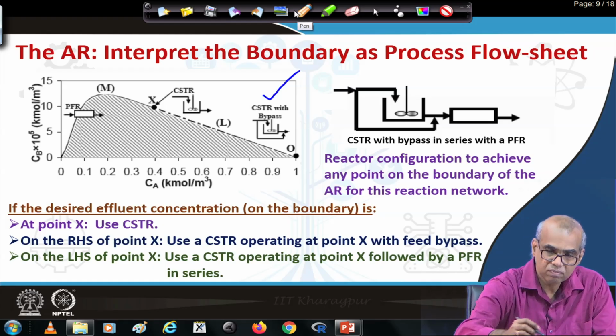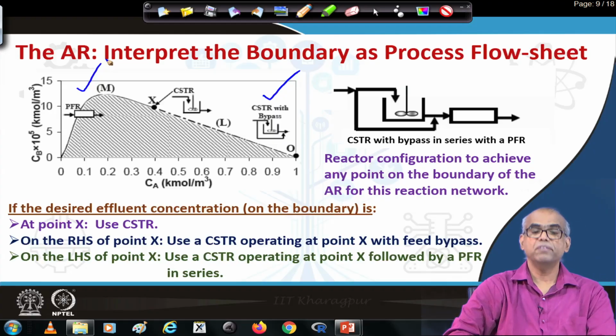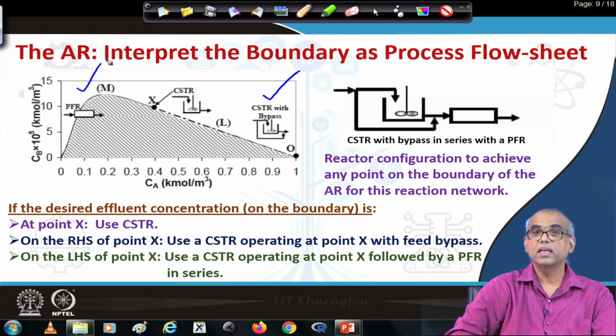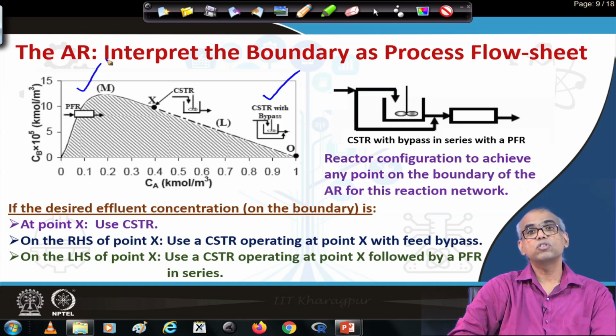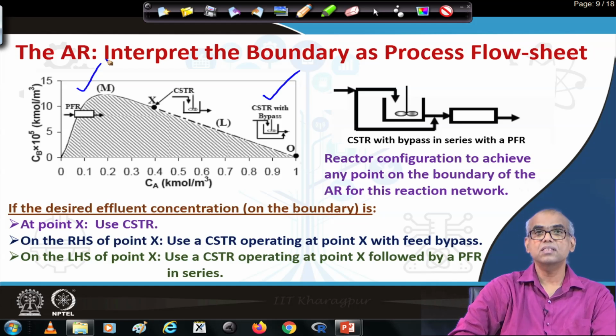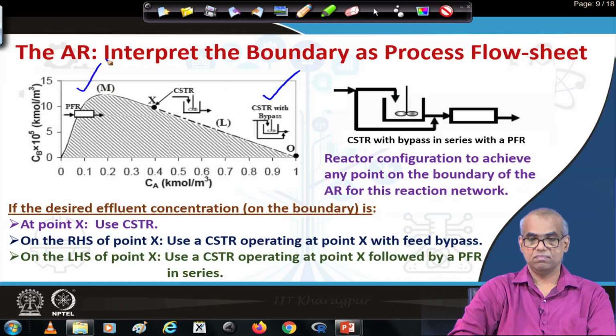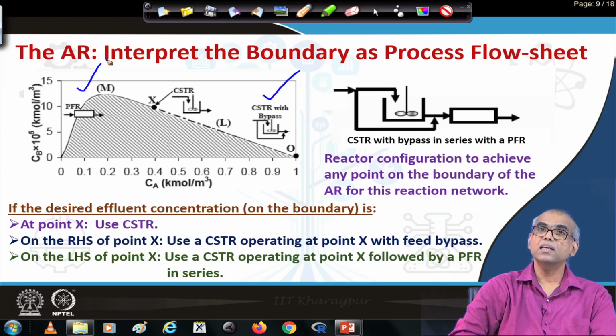Any point on the left hand side of point x can be obtained by using a CSTR operating at point x followed by a PFR in series. So, any point on the left of point x can be obtained by connecting a PFR in series with the CSTR.